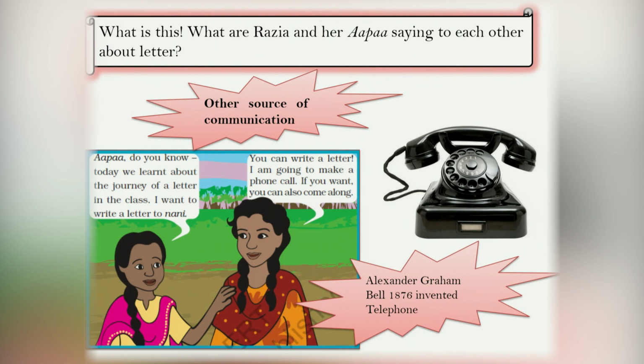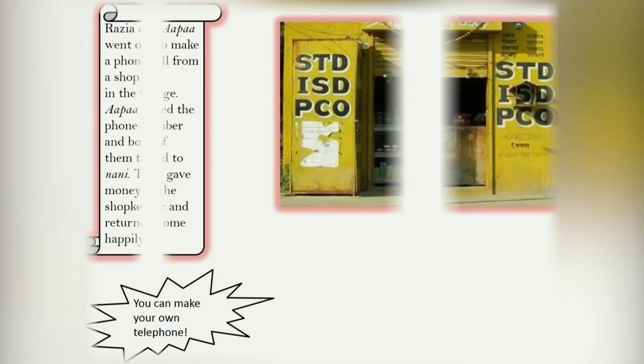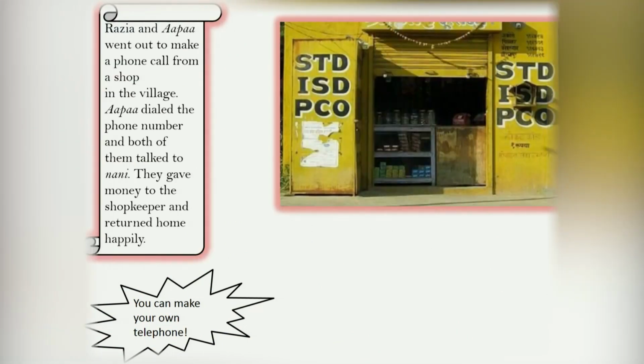Both Raisa and Appa went out to make a phone call from a shop in the village. Appa dialed the phone number and both of them talked to Nani. They gave money to the shopkeeper and returned home happily.